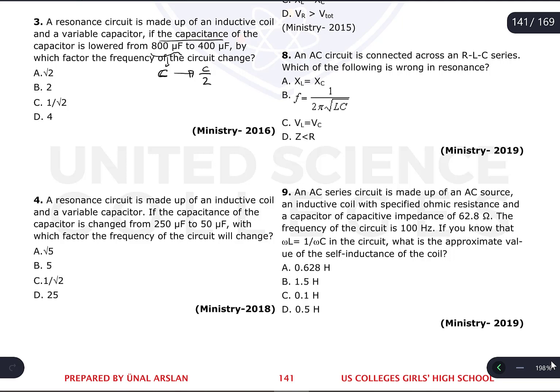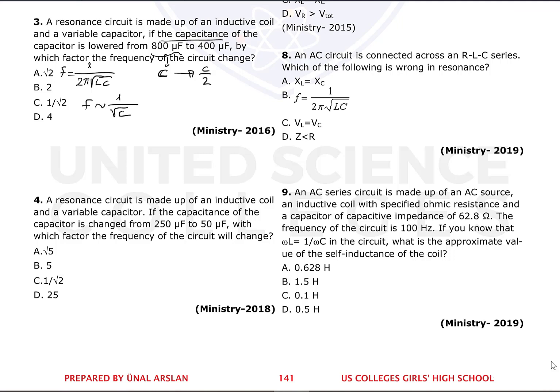And we know that frequency equation is 1 over 2 pi root of LC, which tells you that frequency is changing inversely proportional with root of C. So if C changes to C over 2, I am going to insert instead of C, C over 2.